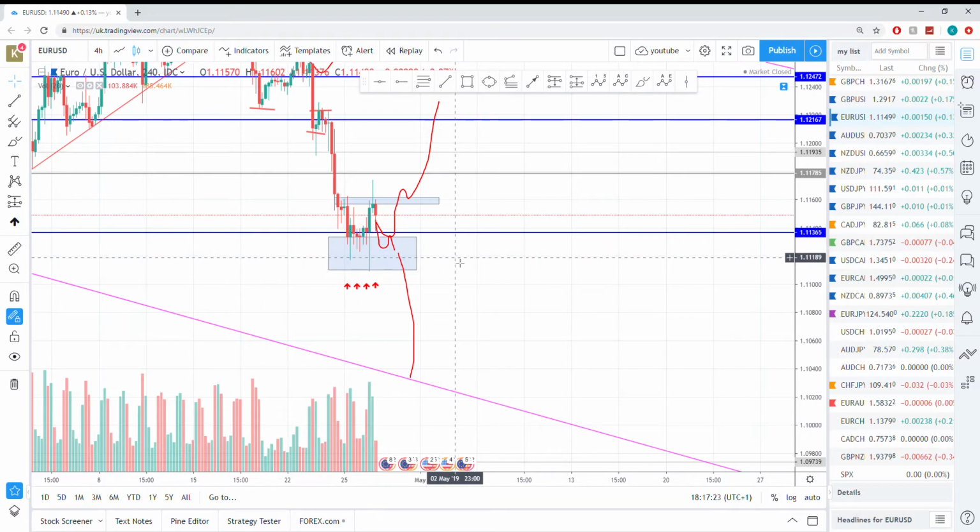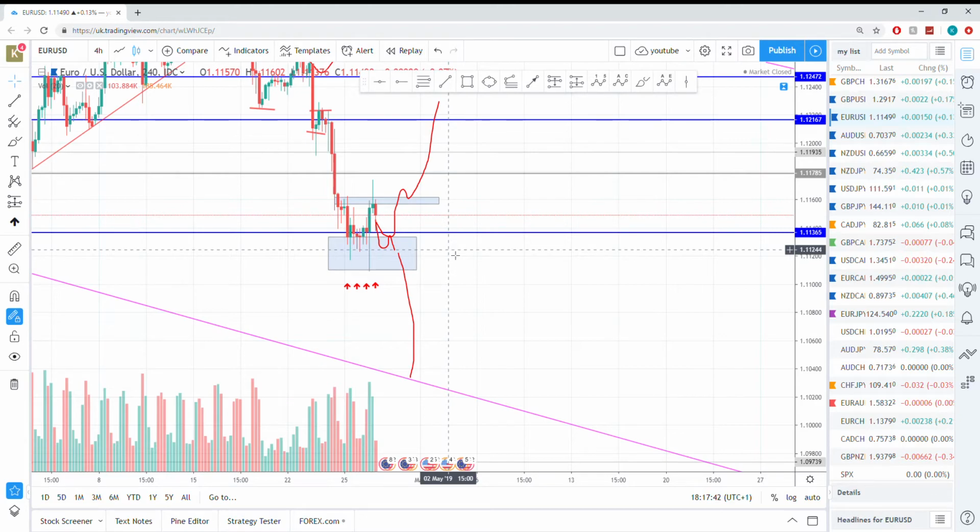And like I said before, make sure you're not blindly trading what I'm saying. Please do look into your own trading style, as everyone has their own different trading style. So this is what I'm looking at for this week.